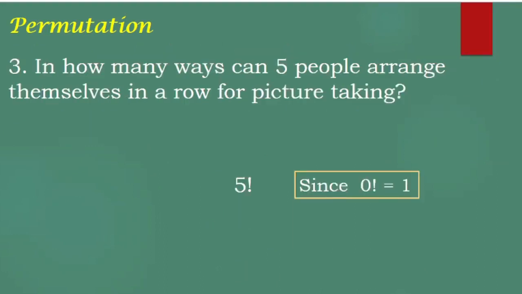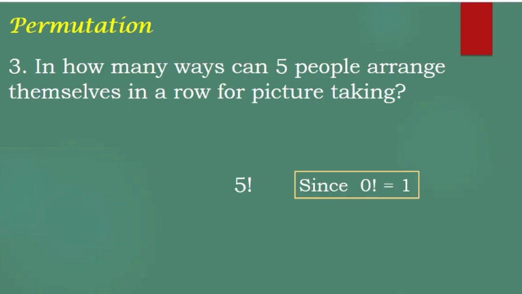Now, in this type of question, in number 3, we have: in how many ways can 5 people arrange themselves in a row for picture taking? As you can see, we have 5 people and they have the freedom to arrange themselves for picture taking. So again, you need to identify the value of n as well as the value of r.